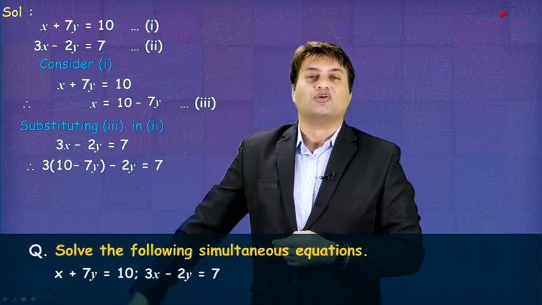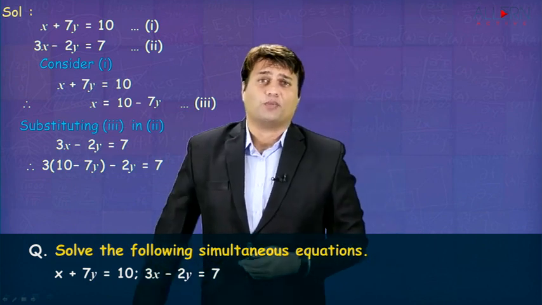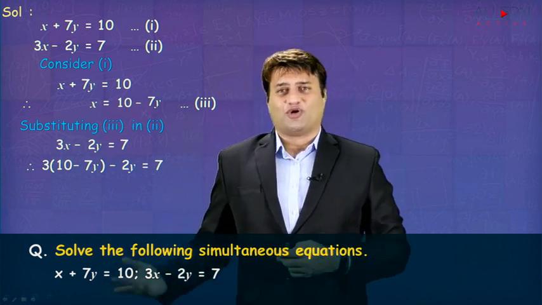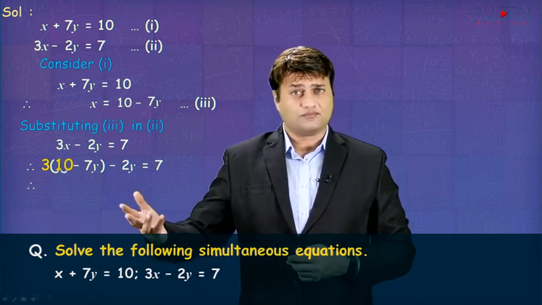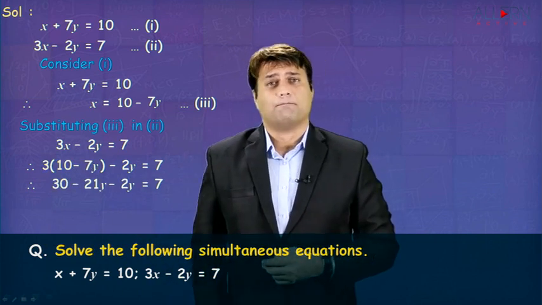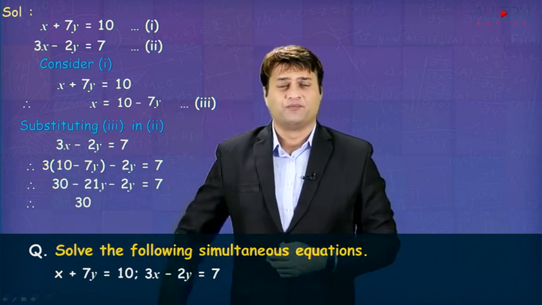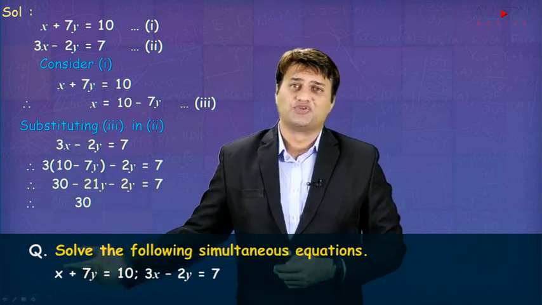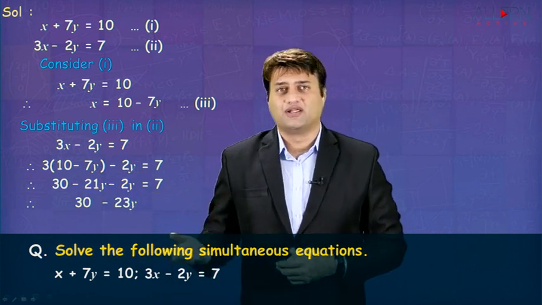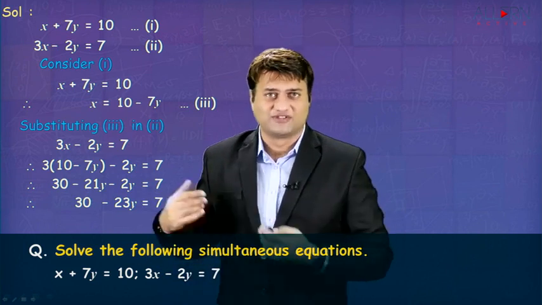So let's do it. To solve this, we need to open the brackets. What we get is 30 minus 21y minus 2y is equal to 7. Minus 21y minus 2y is minus 23y. So you get 30 minus 23y is equal to 7.